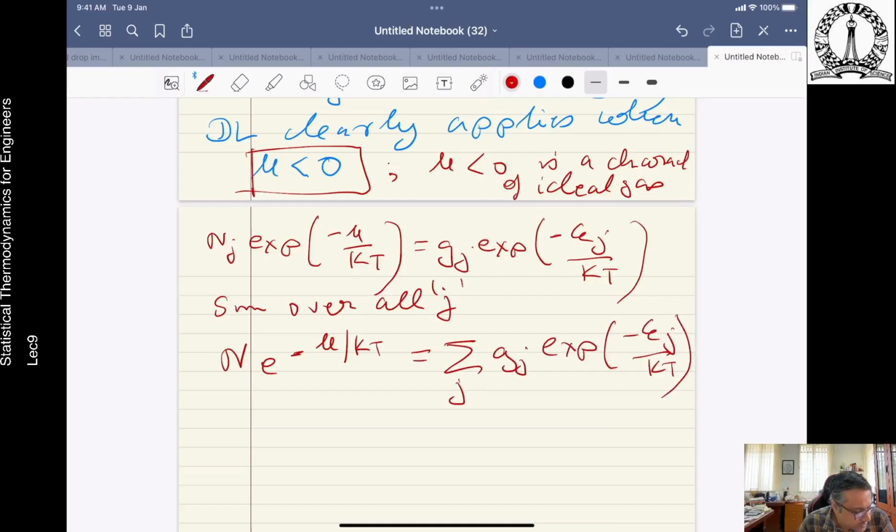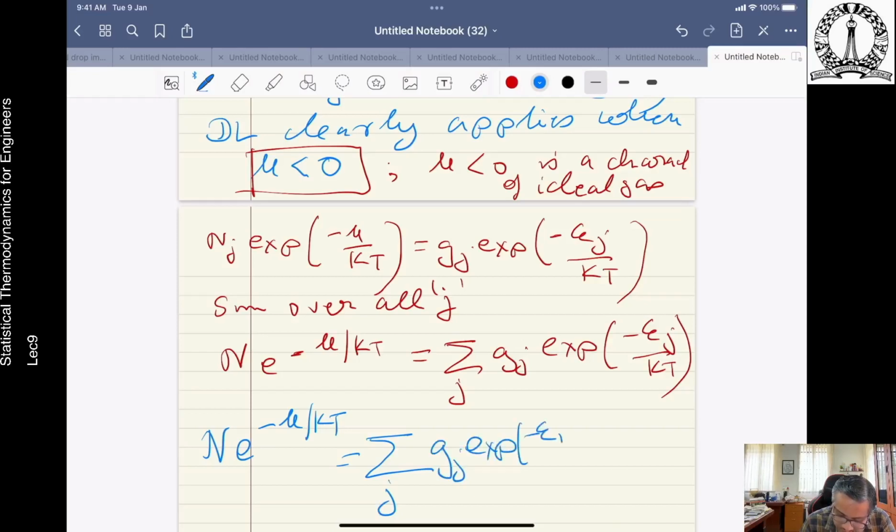All right. Now, this particular term, N e to the minus mu by Kt, is equal to the sum of Gj exponential minus Ej by Kt.